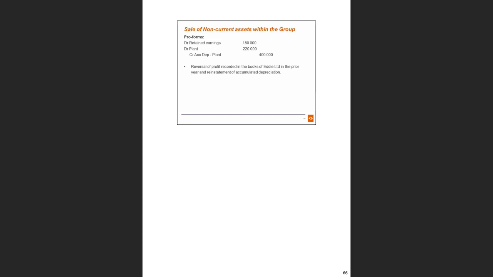Any item that relates to the statement of comprehensive income or statement of profit or loss will now go through retained earnings because that's where the prior period profit is sitting. Okay, so we're debiting retained earnings here. And if you compare this to the previous example, we debited profit on sale of plant.